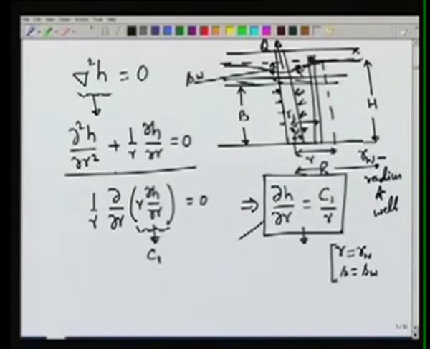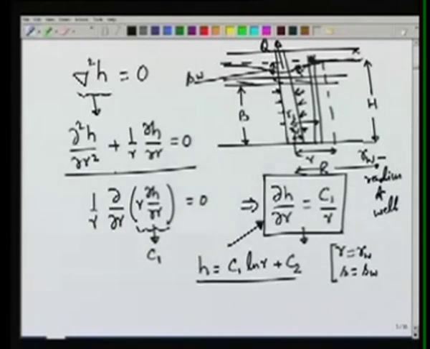This is the governing equation for steady state flow in a confined aquifer. If we solve this equation, we can write H equals C1 ln R plus C2.